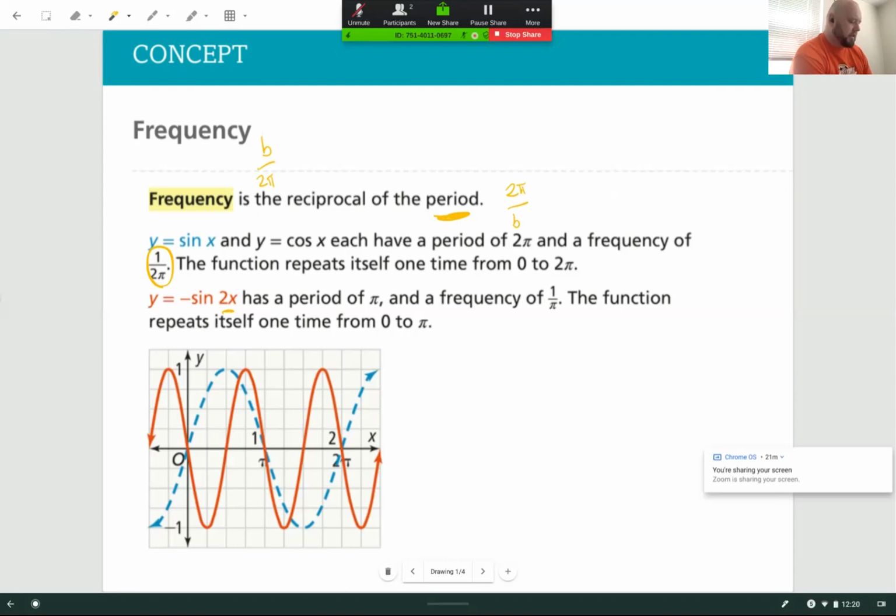The function repeats itself only 1 time from 0 to pi, which means that from 0 to 2 pi, it would repeat itself twice. And you can see that in the red graph in this picture here, that it makes 2 full rotations from 0 to 2 pi. One rotation right here to pi, and then we have a second full rotation from pi to 2 pi.